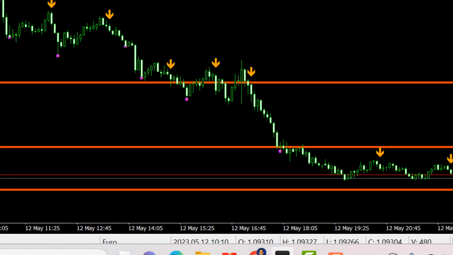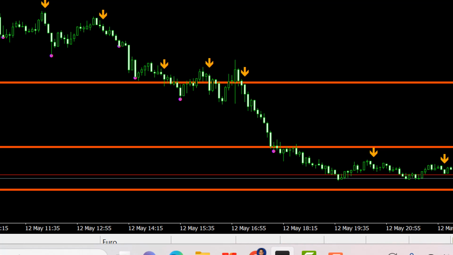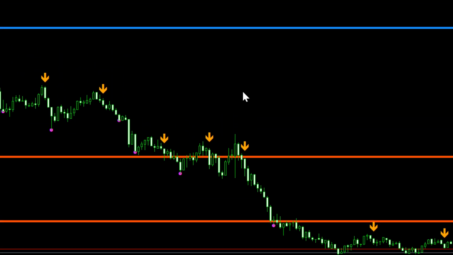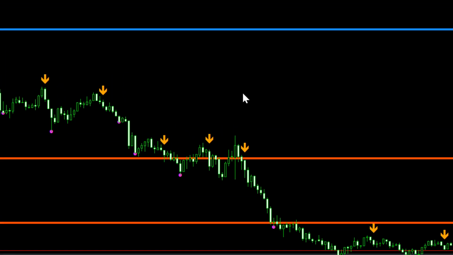Now we only have the guns levels, and we are in the 5-minute time frame. The currency pair is Euro USD. According to Mr. Rudin, you will trade only from level to level.